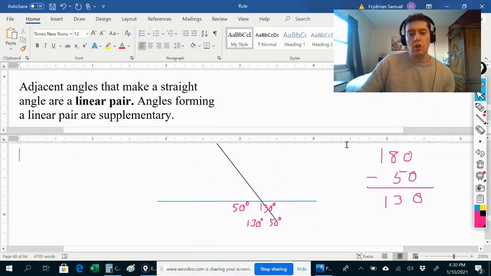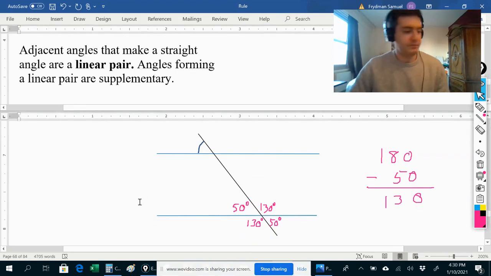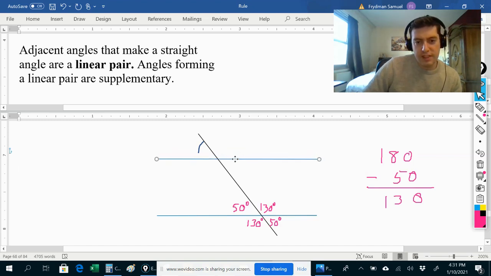Okay, so look at what happens. What if I wanted to know the measure of this angle over here? I don't know what it is, but I know that this line and this line are parallel, right? And notice what happens if I just take this line and move it down here.